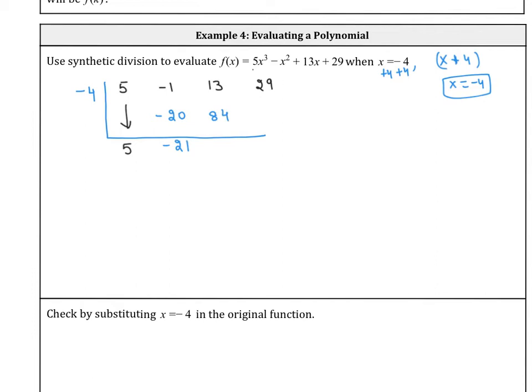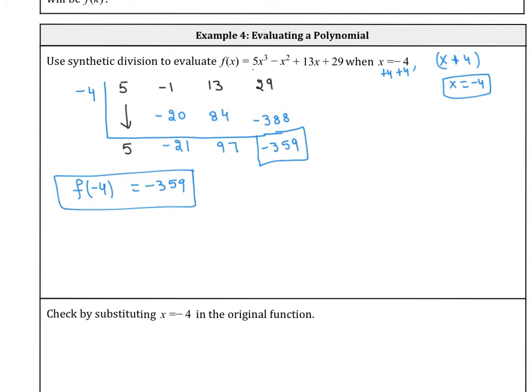Now we add 13 and 84, that's 97. Multiply by -4 again, you get -388, and then the remainder you get is -359. So the value of the function at x equals -4 is -359.